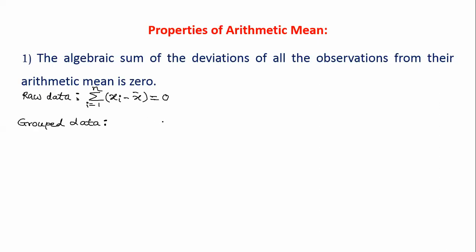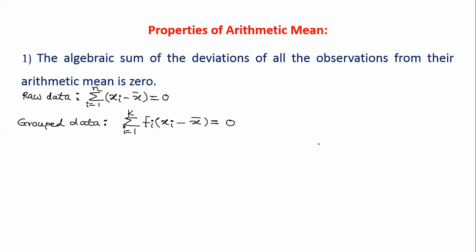So here there are observations xi with frequency fi, and you have to find x bar by the formula: x bar is equal to summation fi into xi upon capital N. Suppose xi minus x bar is multiplied with fi and summed over all the k groups, i from 1 to k, then this is equal to 0.